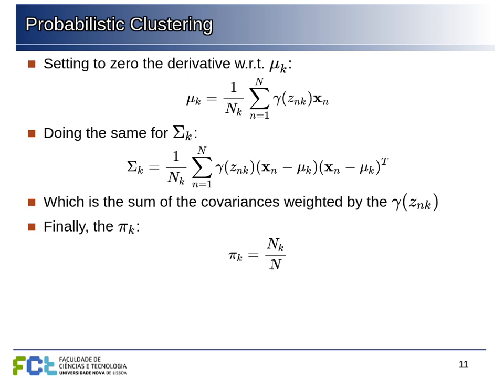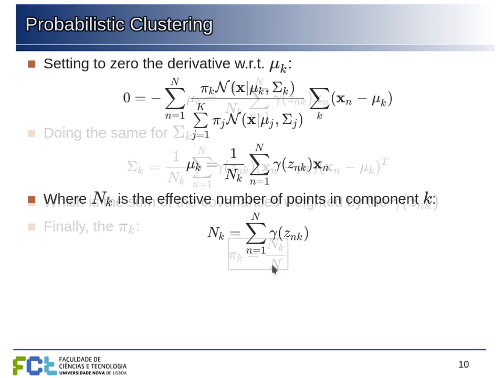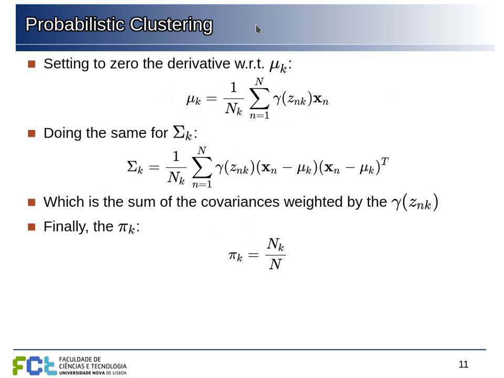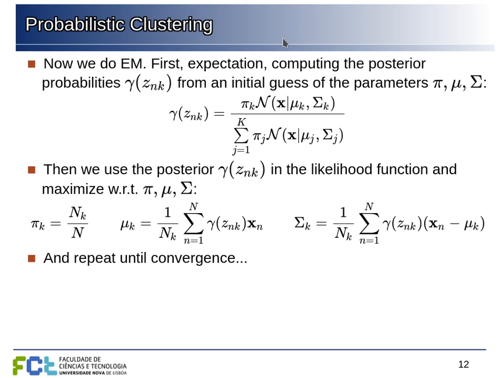So if one Gaussian distribution receives, say, 30% of the probabilities, the total probabilities for the points, all of these sums, then it will have a 0.3 here in its parameter pi.